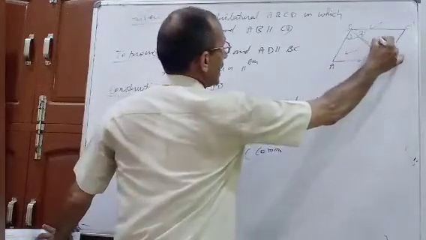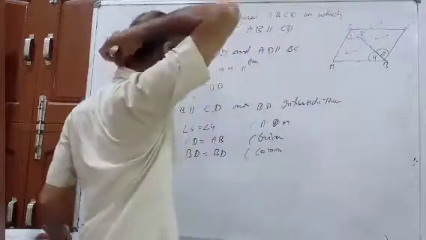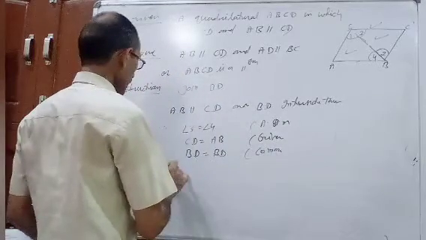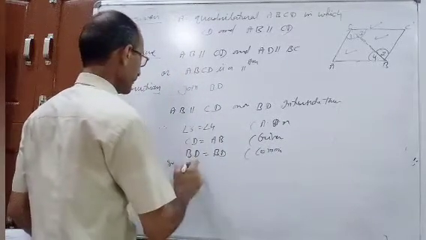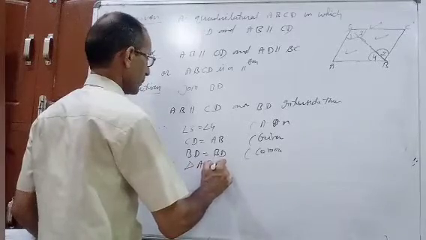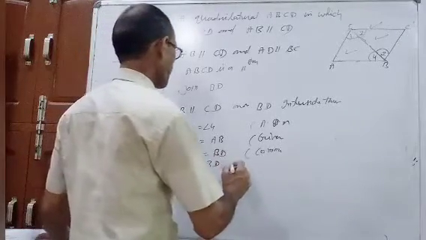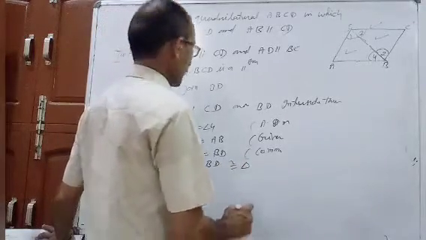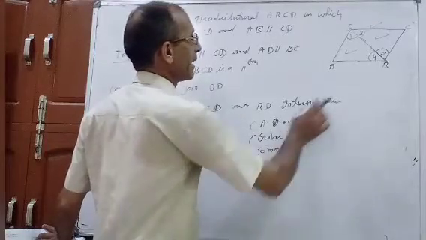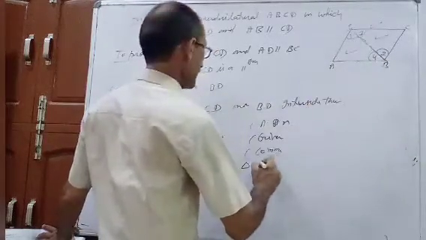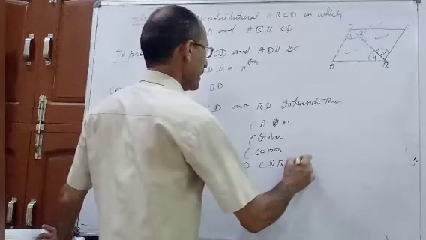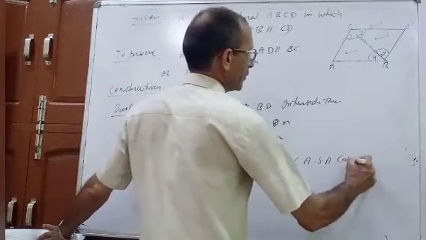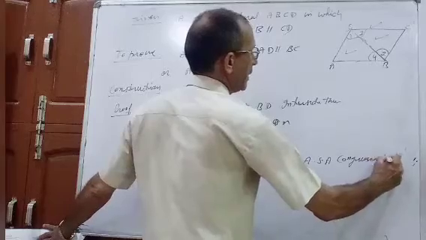Now in this triangle and in this triangle, angle 3 is equal to angle 4, this side is equal to this one, and this is the common side. Therefore, triangle ABD is congruent to triangle CDB by the angle side angle congruency rule.